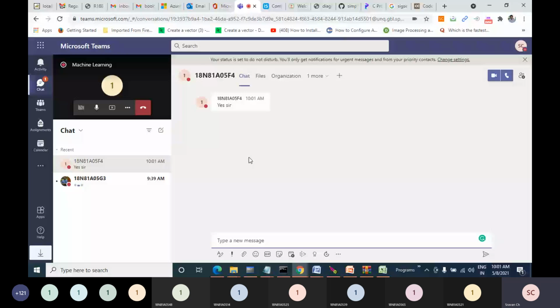Okay, so when height is changing, the weight is also changing, right? Now, can I say weight depends on height? Can I say like this?